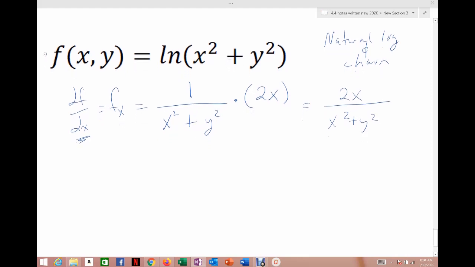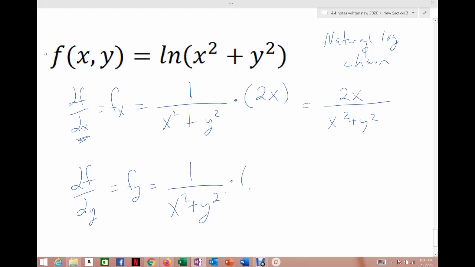The derivative with respect to y is going to be very, very similar. There's only one difference. So the derivative with respect to y next, f sub y. The first part's the same. The derivative of the natural log, the beginning of it, doesn't care whether it's an x variable or y variable. It's 1 over what's inside. Then when I take the derivative of what's inside, it matters which variable I'm looking at. So the first part's the same: 1 over x squared plus y squared.